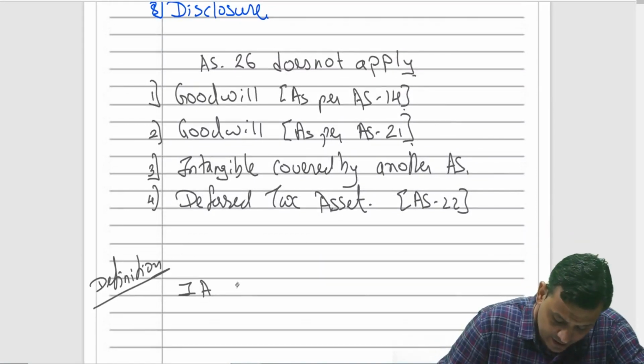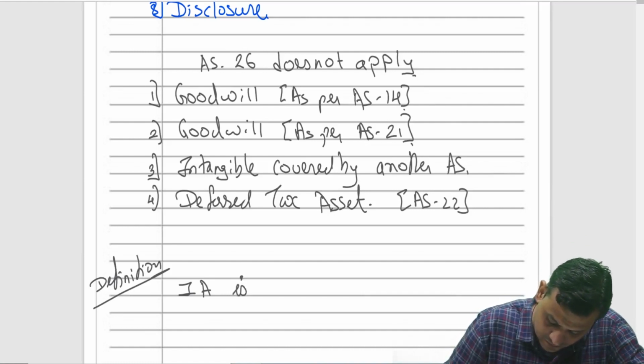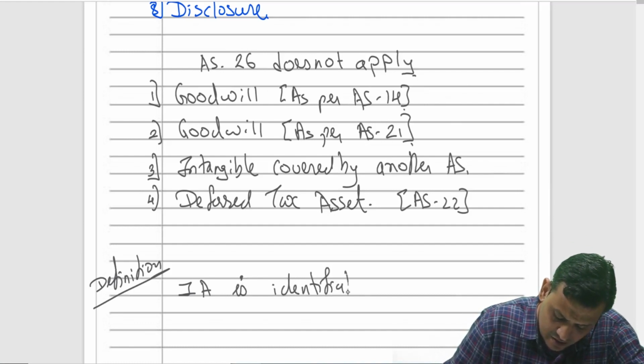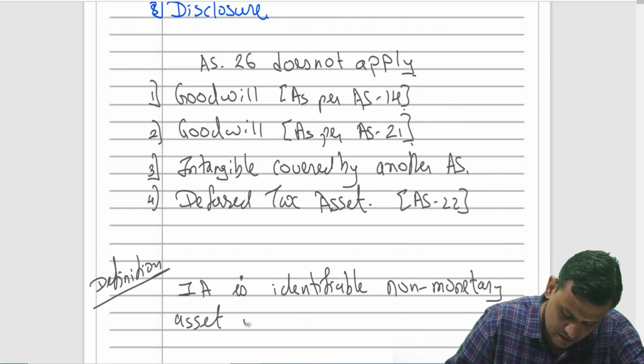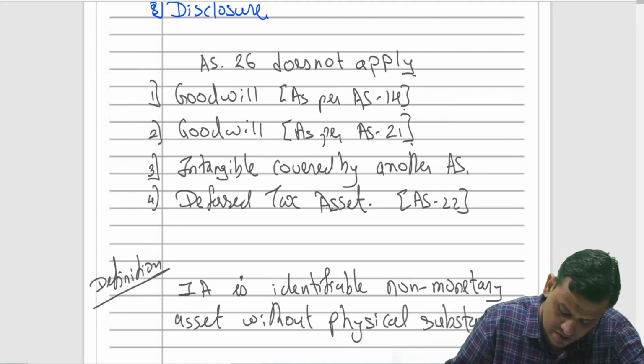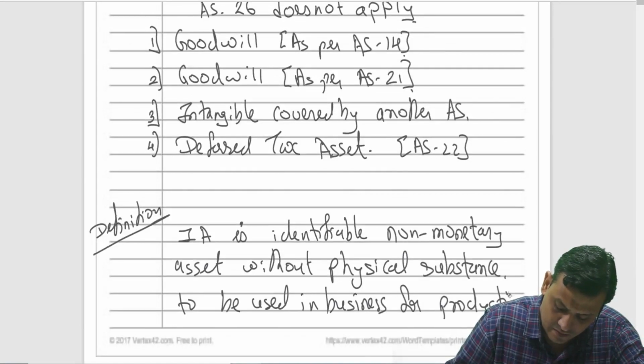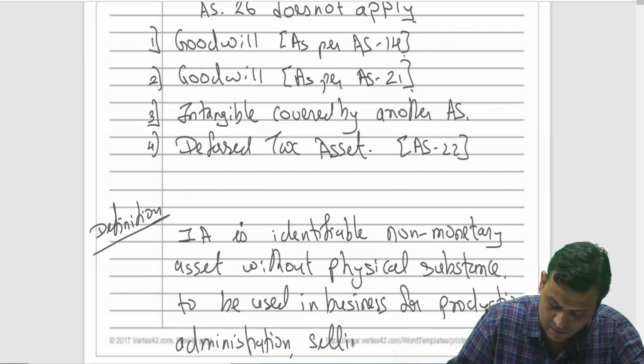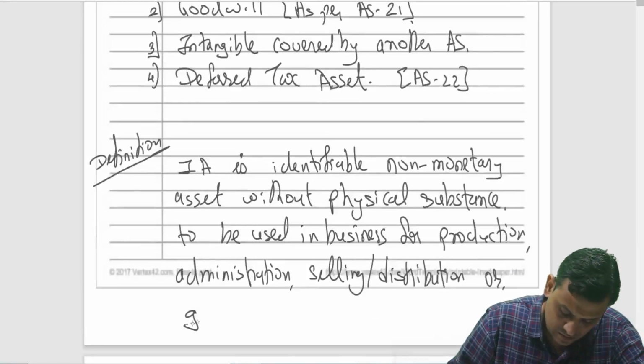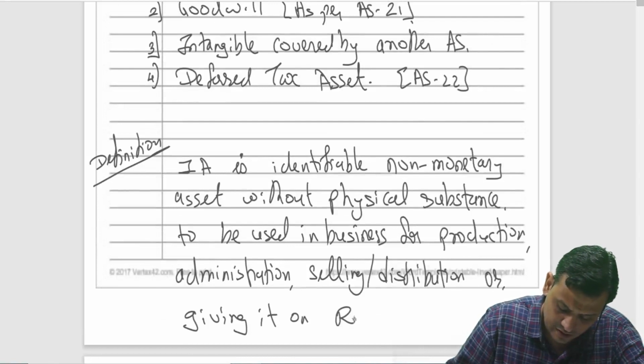Intangible asset is an identifiable non-monetary asset without physical substance, to be used in business for production, administration, selling or distribution, or giving it on rental basis.